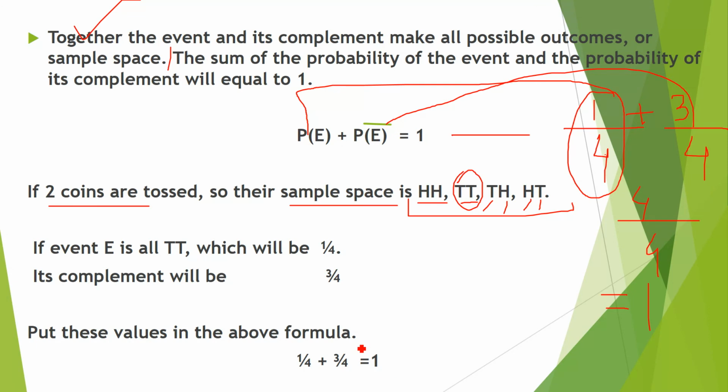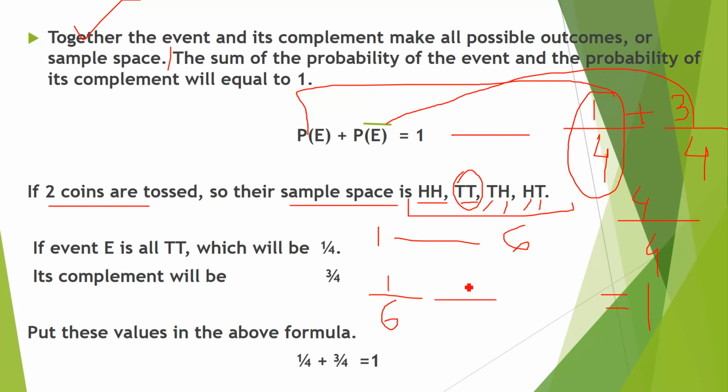If we take the example of a die, the numbers are from 1 to 6. If I say 5 is the event, what is the probability of 5? You will say 1 divided by 6, because there is only one 5, and the total number of observations is 6 in the case of a die, so 1 by 6.